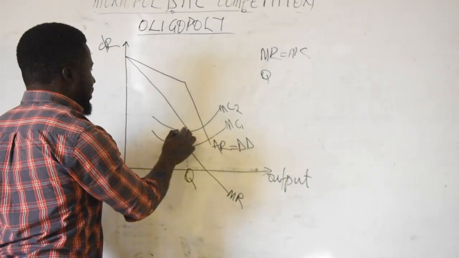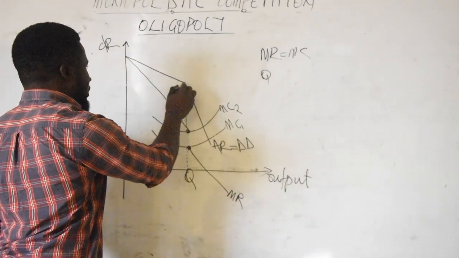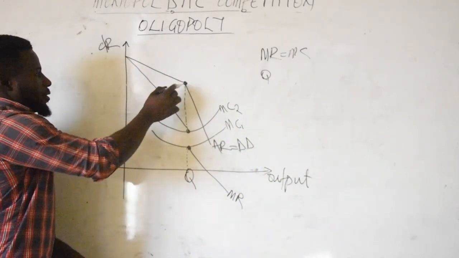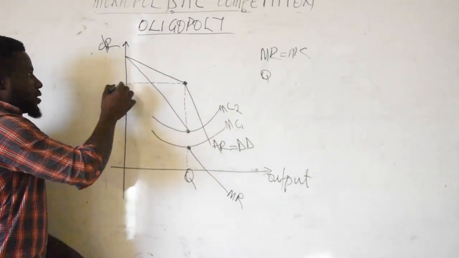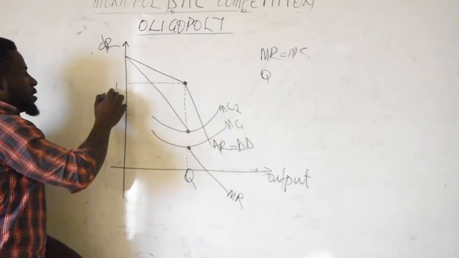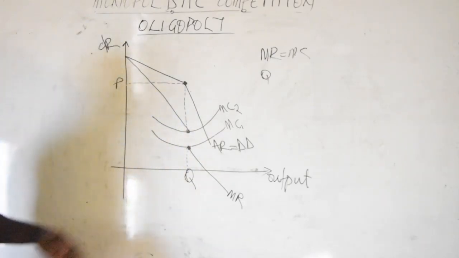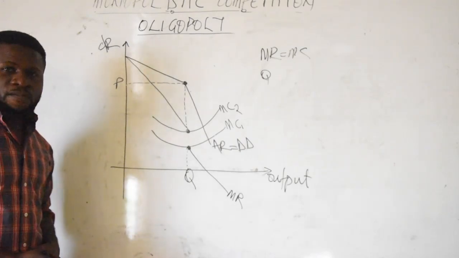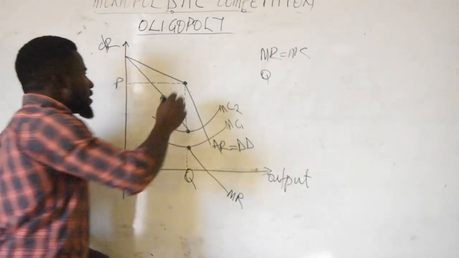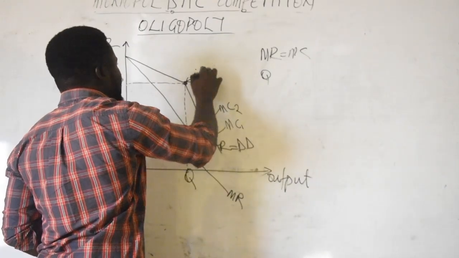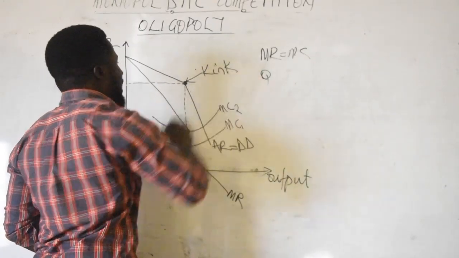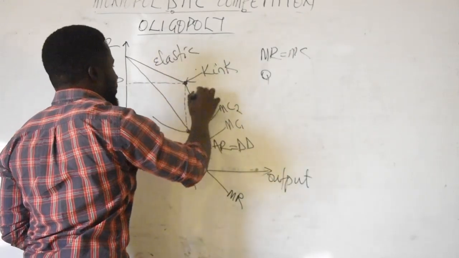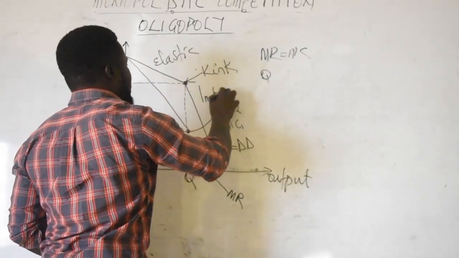So we take this dotted line straight up. It touches the average revenue curve at the point of kink, and then we read it from the margin where we have cost and revenue. This is the price of the firm. So that is how you draw the diagram for a kinked demand curve under oligopoly. This is the point of kink, and then we have elastic demand, and then we have fairly inelastic demand here.